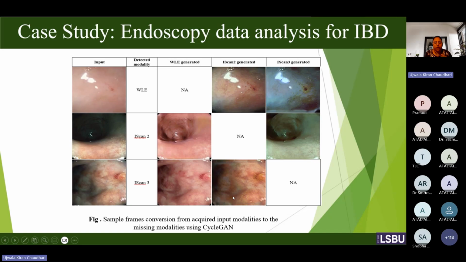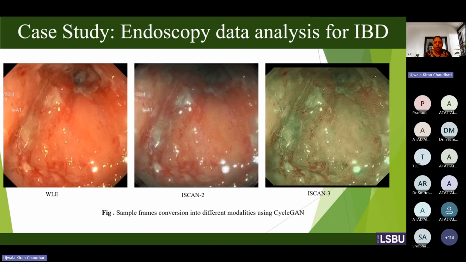That way, by chance, if we had all the modalities, now that the model is trained, we can run the model on any of the data and generate the white light, iScan 2 and iScan 3. This is another example, the generated modality for white light, iScan 2 and iScan 3.